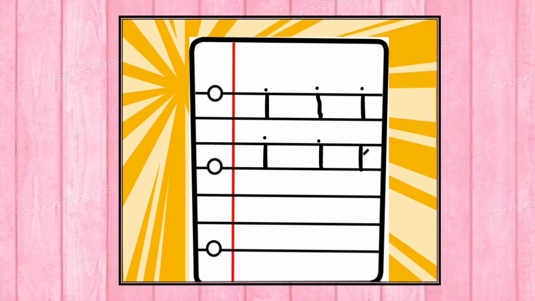Go down and put a dot on the top of its head. Correct writing formation is very important. Follow my videos for correct writing formations of letters.